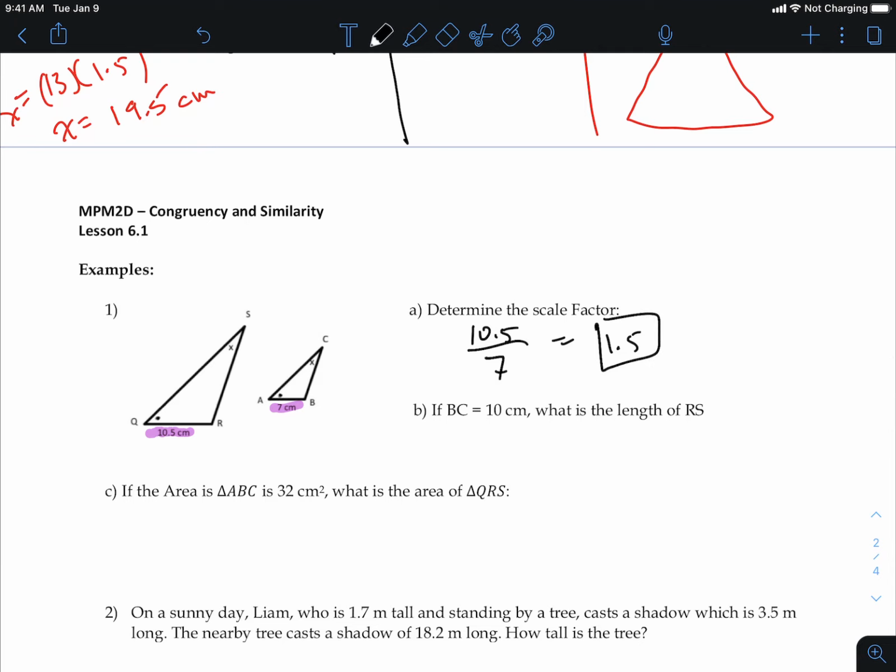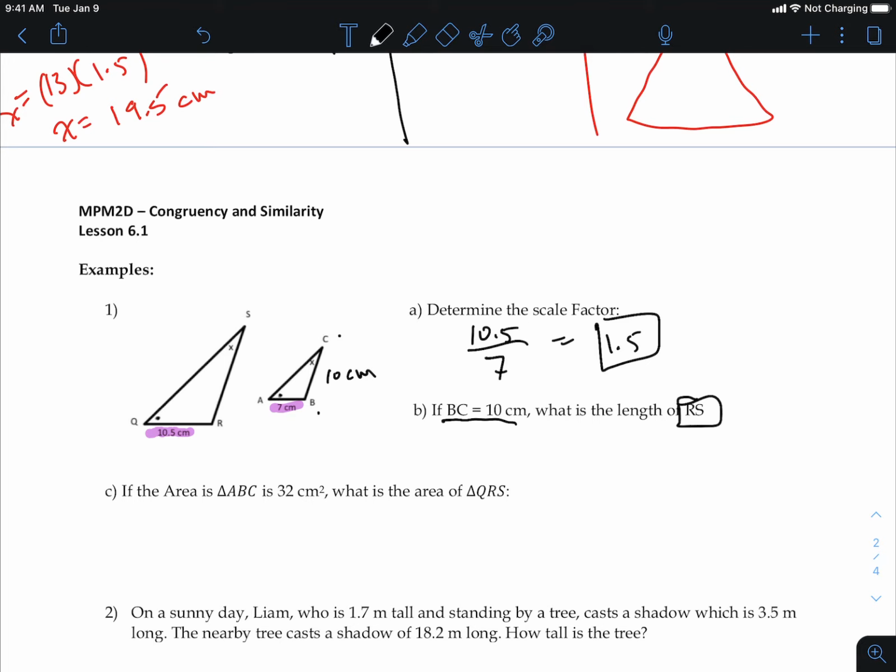The next part of this says here's side length BC. It's 10 centimeters. Where's BC in the triangles? So it's going to say this side length BC is going to be 10 centimeters. Then it wants us to solve for RS.